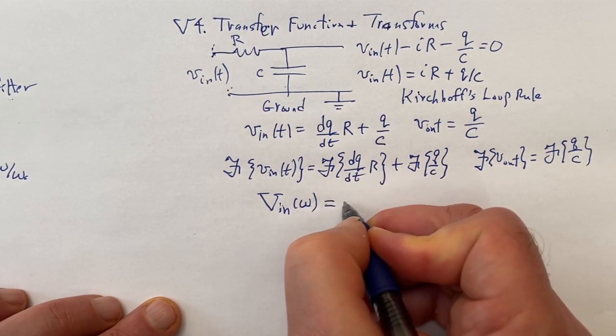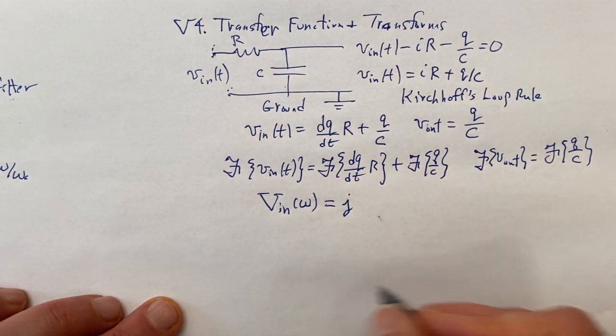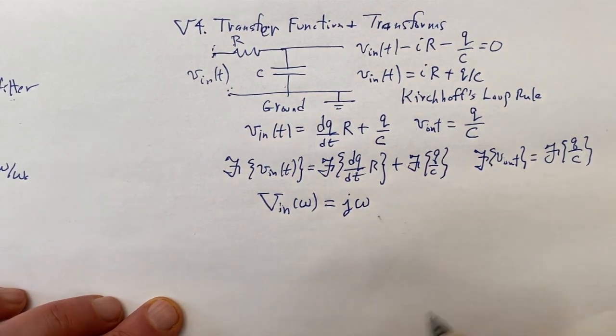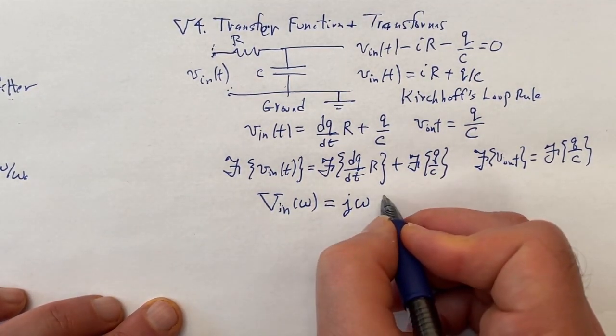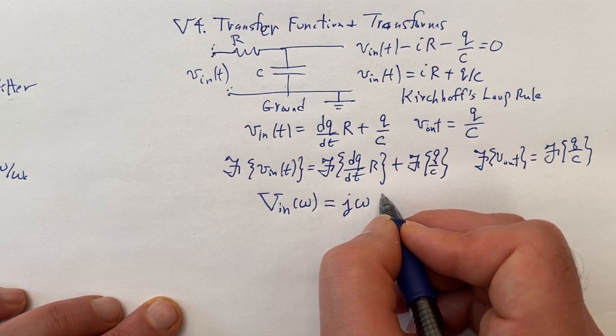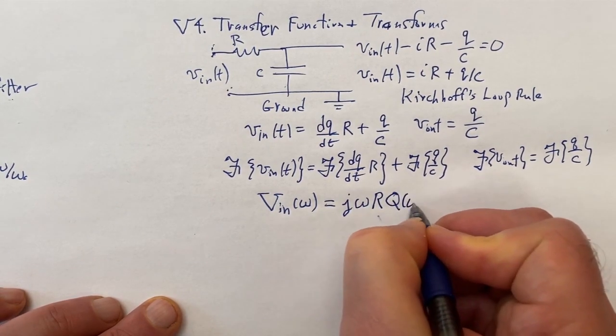Remember, the Fourier transform of a derivative gives i omega, but now we're using j, so it's j omega, because j is the square root of minus 1. That's then times the Fourier transform of Q, which we'll call capital Q of omega.